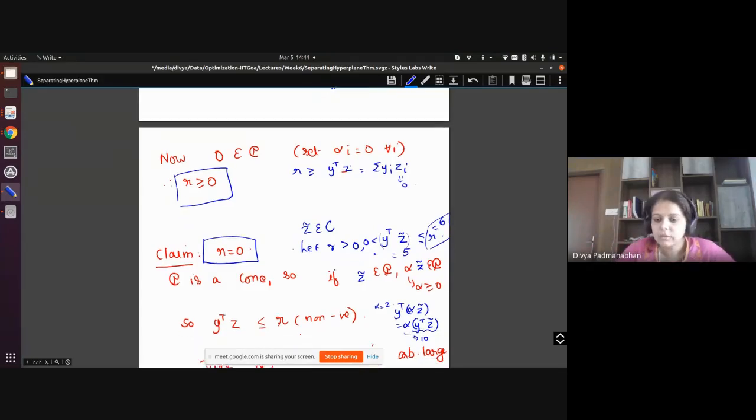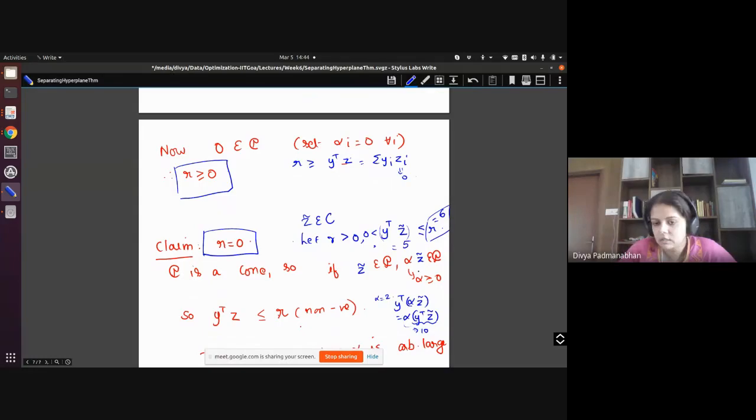So alpha is a scalar, and now if you take y transpose alpha z tilde, this is the new element that we have, and it belongs to C because C is a cone. So we're going to get alpha times y transpose z tilde.